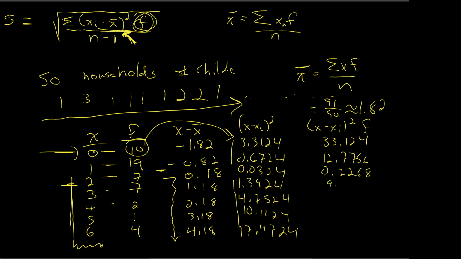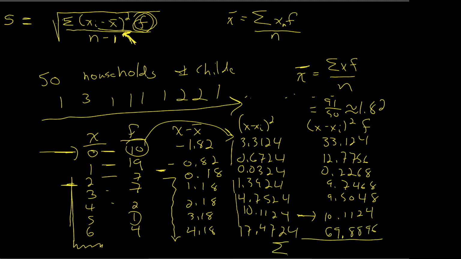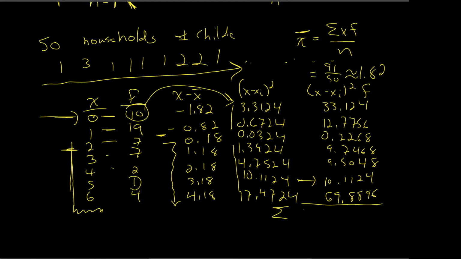0.2268, 9.7468, 9.5048, 10.1124, because there's only one of them, right? And 69.8896. And so if I sum up these frequency-multiplied values, I get the sum of (xi minus x bar) squared times f, which is 145.38.